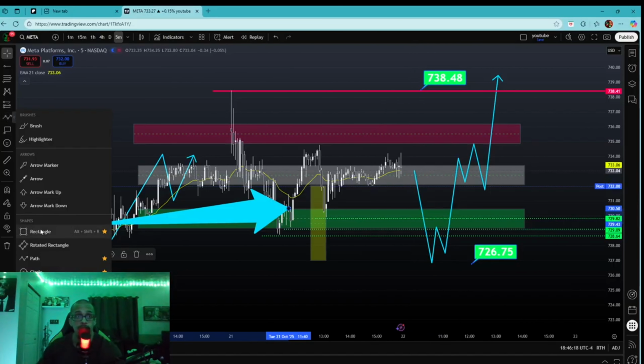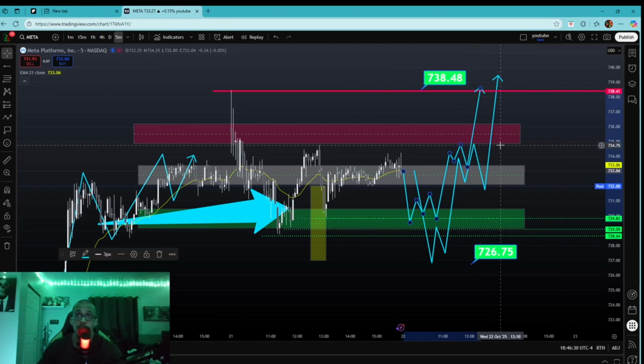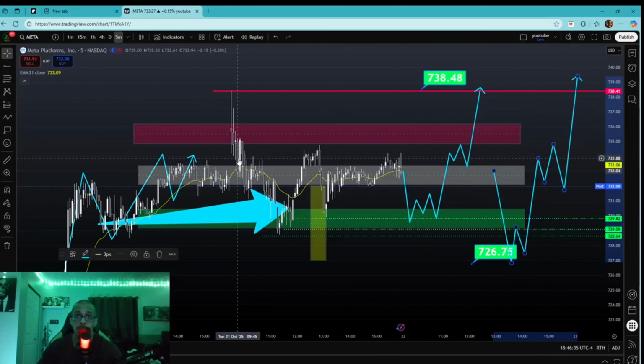So if we do find ourselves having some sort of shallow pullback, we can then look for another variation, the Gore pattern, to get ourselves in this move early as we look for rotation going back up to the upside, still hitting those same targets more or less. It can be slightly dimmed based on the fact that we have only come down just a little bit as well.